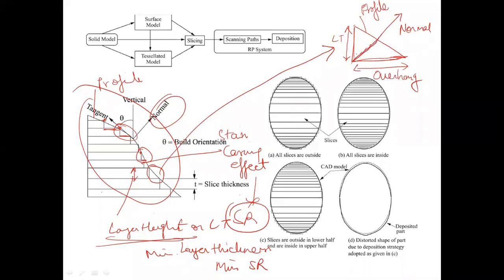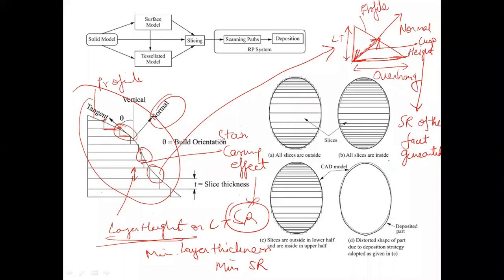This height is called the cusp height. For theoretical purposes, cusp height is assumed to be the surface roughness of the facet generated due to layering. I'll start discussing cusp height from the next slide onwards, so you need to understand what the cusp height is.